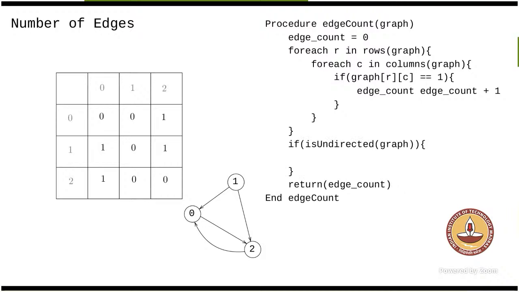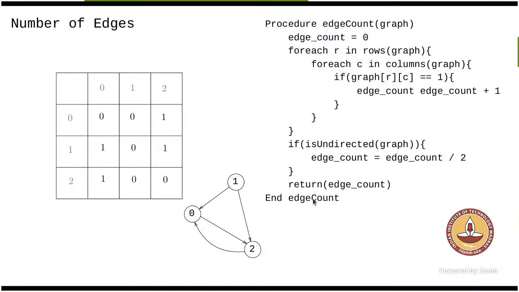So if I find that my existing graph is undirected, then I just divide my edge count by 2. I can either return edge count by 2, but I don't want two return statements unnecessarily. So I'll just divide edge count by 2 and finally return the edge count. If the graph is directed, then this will be false, so I'll just return the edge count.